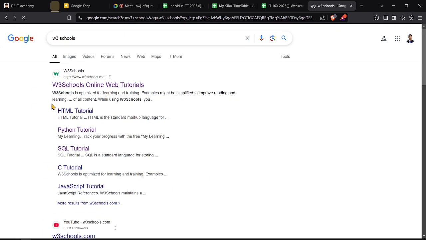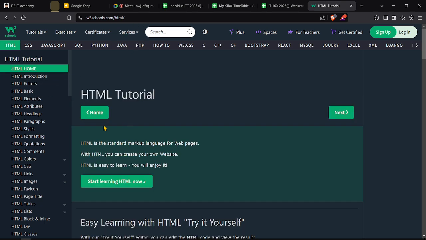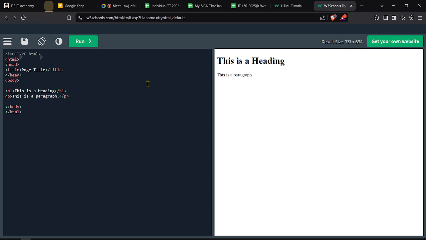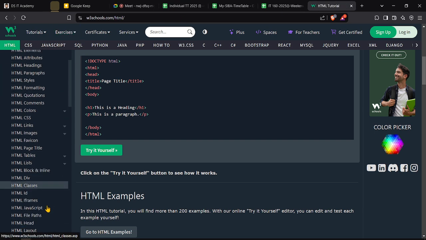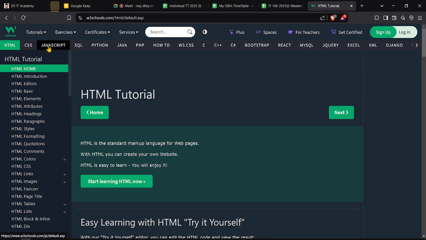Here you can start with HTML. You can find these things and do the examples there. Start from there, then you can go for the other languages, like HTML, then JavaScript.